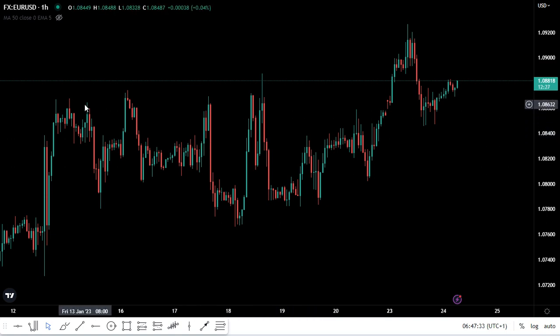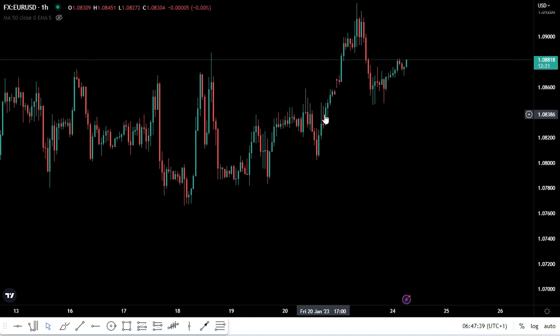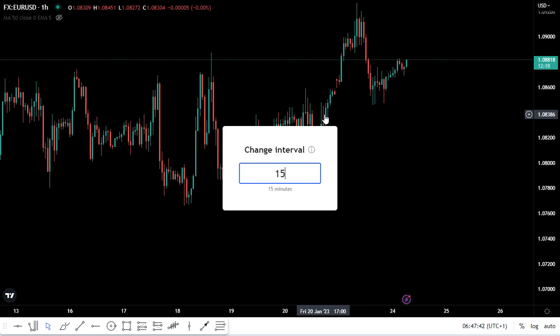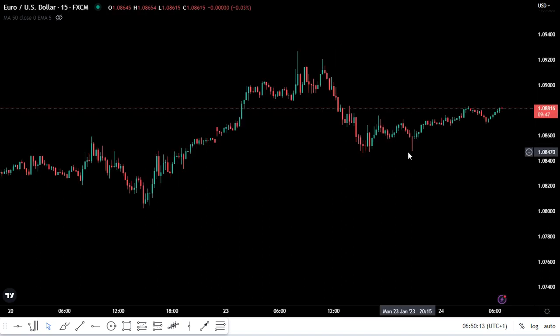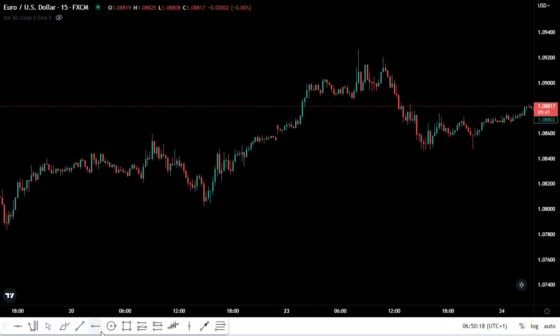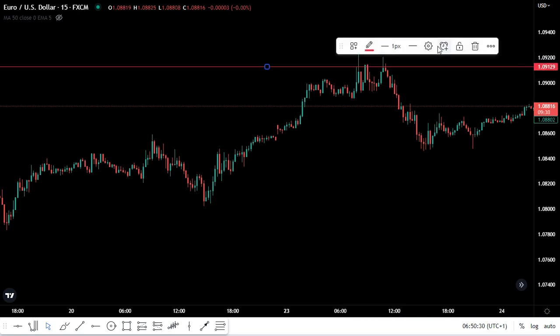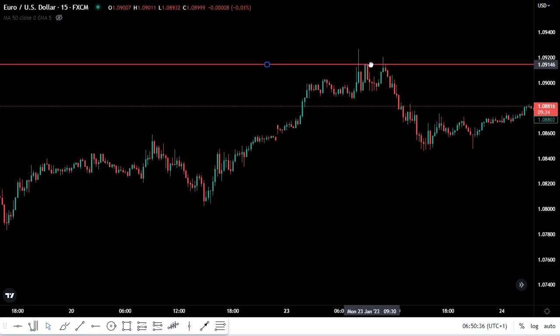Now if you look here and you want to draw your support and resistance, let me just go down to 15 minutes and start from there. So on 15 minutes, you can see we have some levels. Talking about this particular level here, which is the high, the swings you are seeing right here, it is also a resistance level.